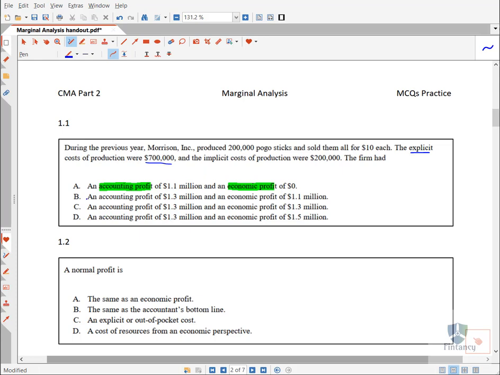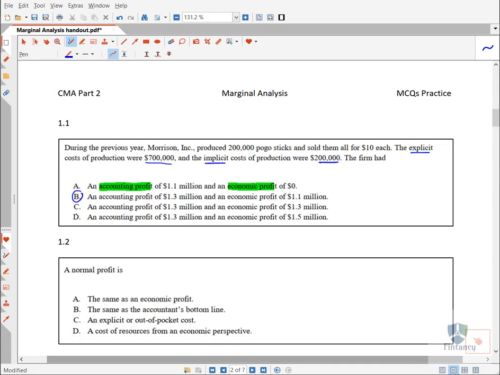So the answer is B, C or D. To find the economic profit, I will also minus this 200,000, which is my implicit cost. 1.3 million you already have, so once you deduct this 200,000 also, how much will come? 1.1 million. So B is the answer. As simple as that.